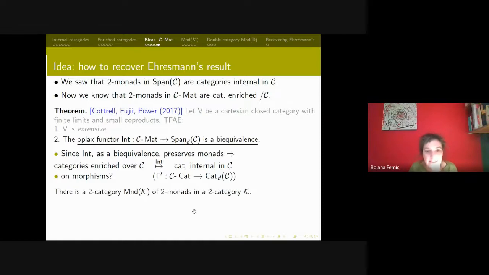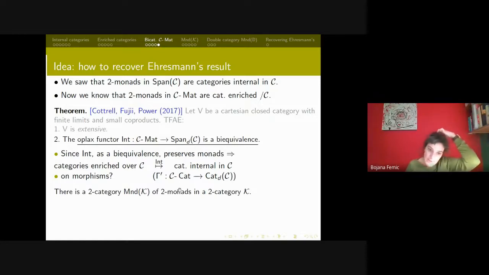Well, one candidate to try to do this is the two-category of monads in a general two-category K, and then apply that where K is on one hand CMAT and then span in C, right? That is the idea.